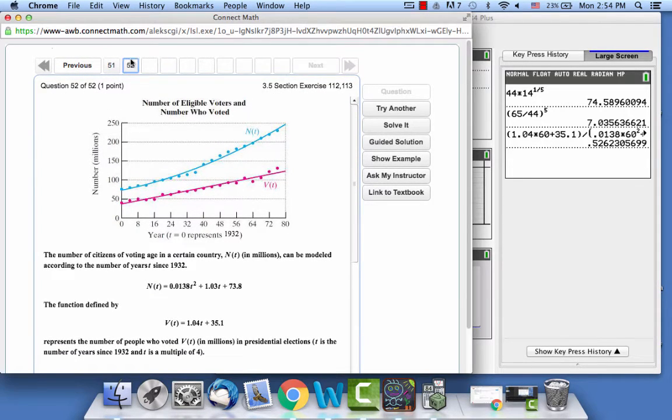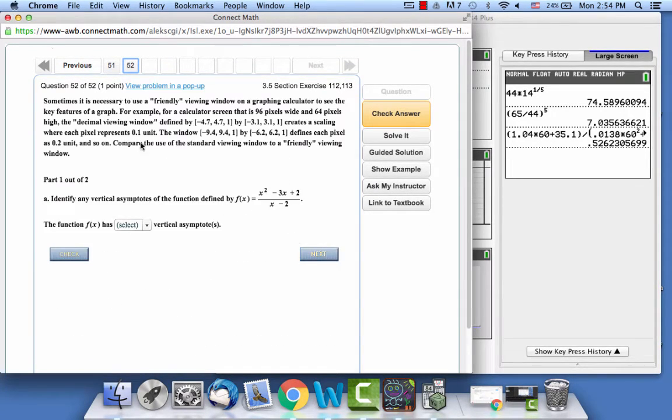All right, last one. So on a calculator, sometimes you want to set your window to something that makes sense so that it includes all of your important information.